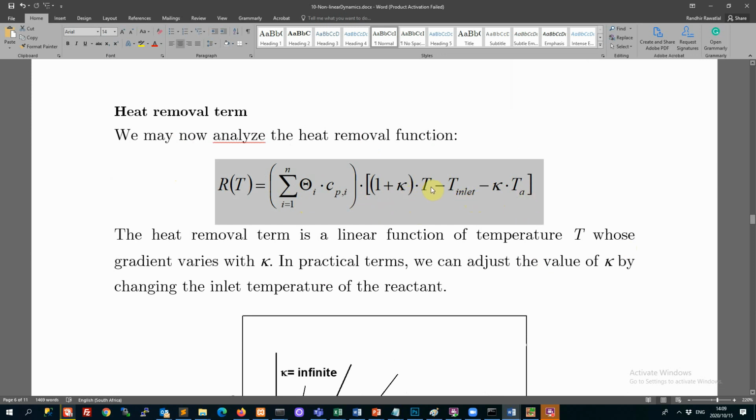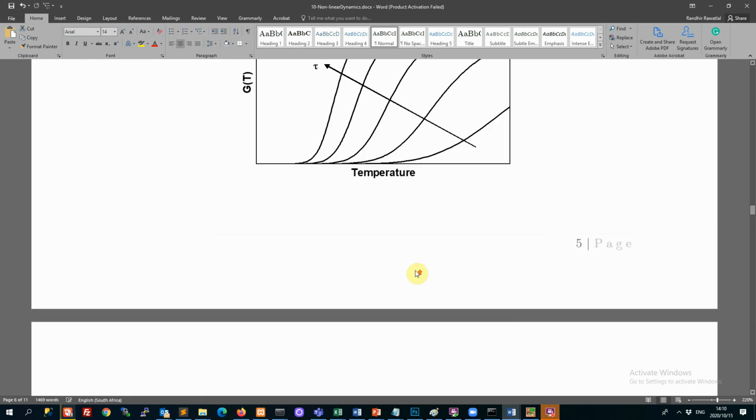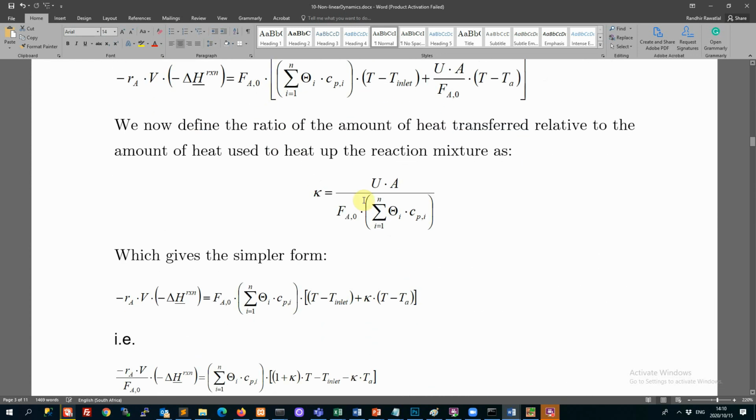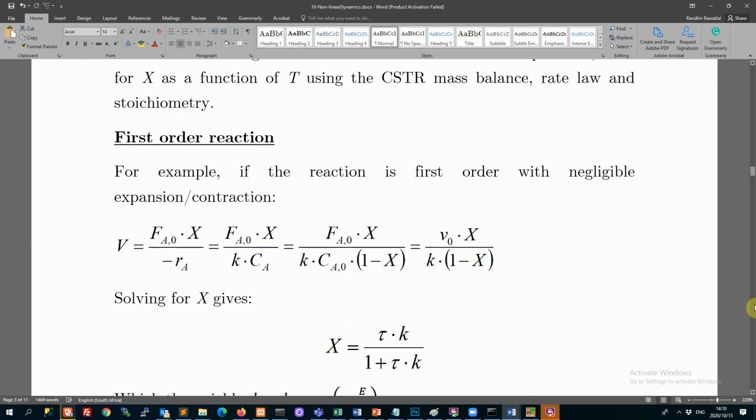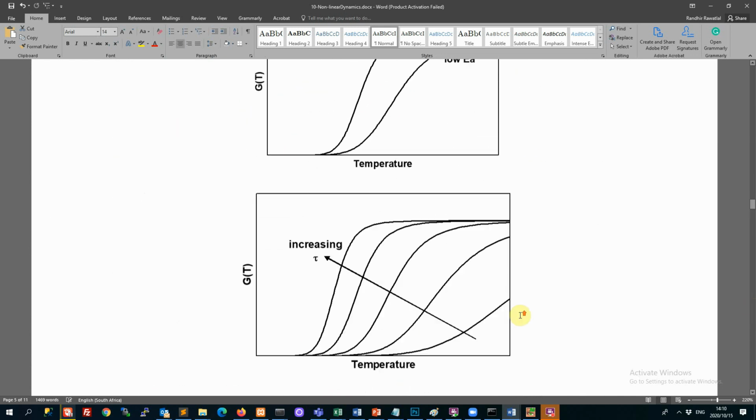So the only variable here is T. So R changes linearly with T. Yeah, so as you vary kappa, then you can see your R of T is responding in this way. Just have a look at kappa. So, yep, that's how R is changing as a function of kappa.